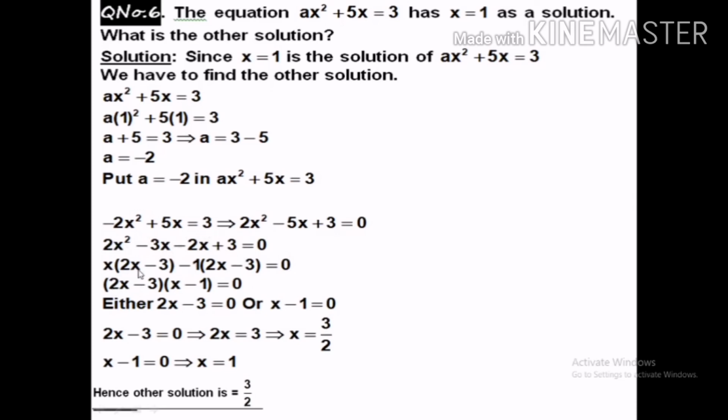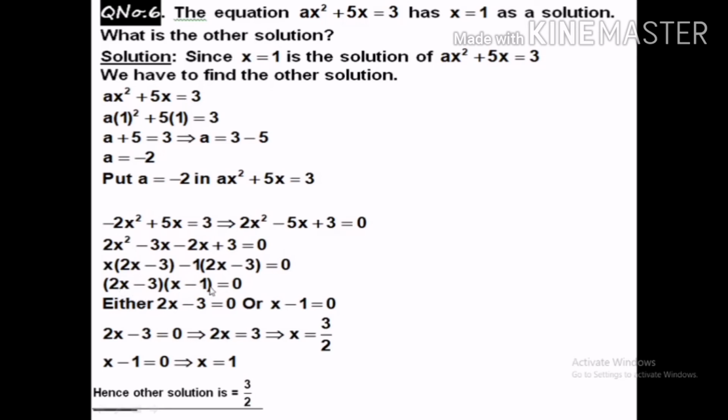So in the first two terms, x is common, we get x into 2x minus 3, minus 1 is common to the next two terms, we get 2x minus 3. Again in this equation 2x minus 3 is common, so we get x minus 1, the other factor.